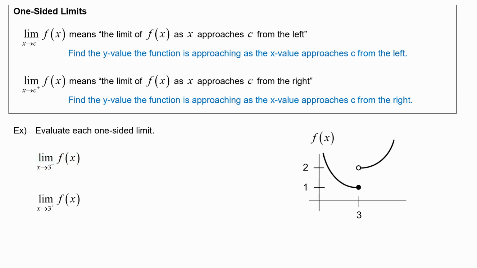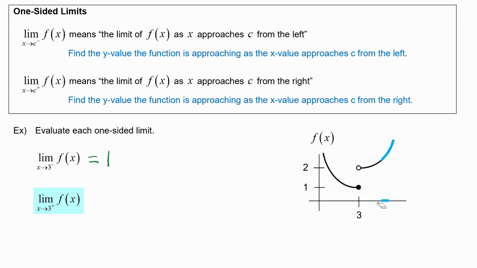And you can see that as x is getting closer and closer to 3 from the left, the y value is getting closer and closer to 1. So we say that the limit as x approaches 3 from the left of f of x is equal to 1. Here we have to find the limit as x approaches 3 from the right of f of x.